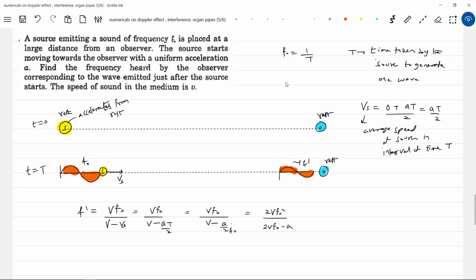See, just after, I think you have to read this question. Corresponding to the wave emitted just after the start, corresponding to the wave, not after some time. The detector will hear after some time only, but corresponding to which wave? The wave generated in one interval of time, in one time period.